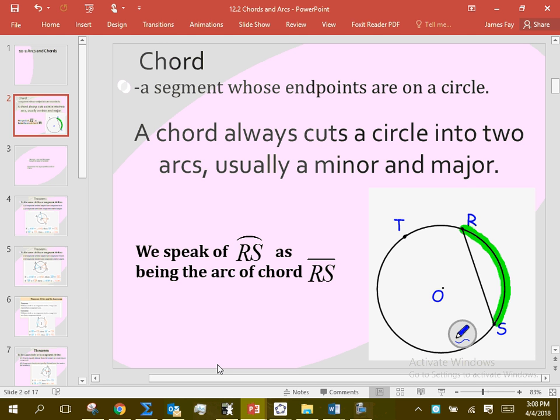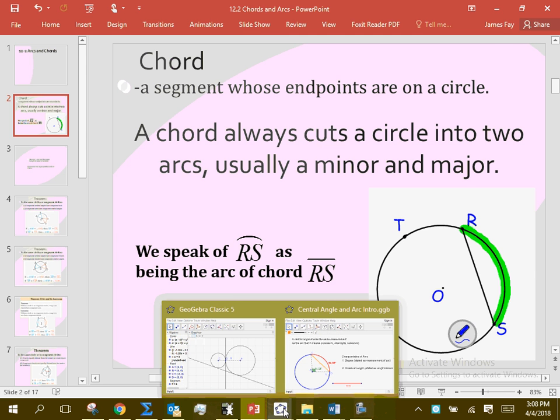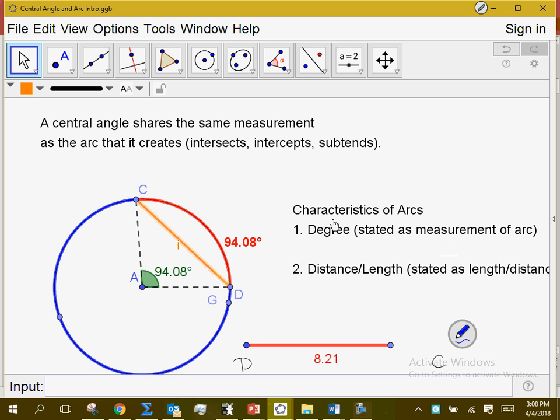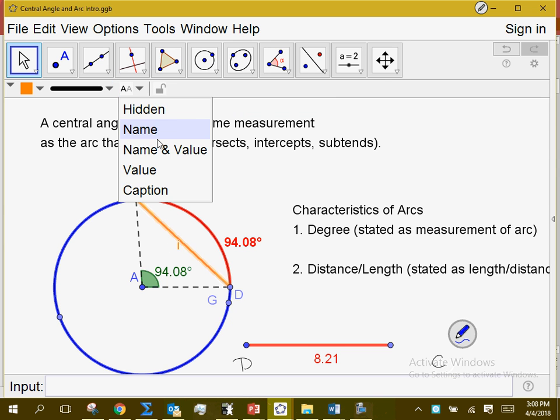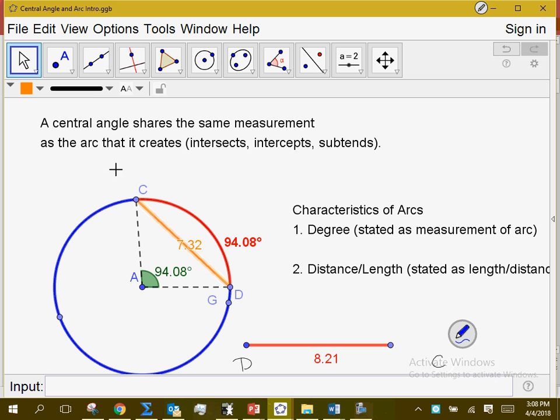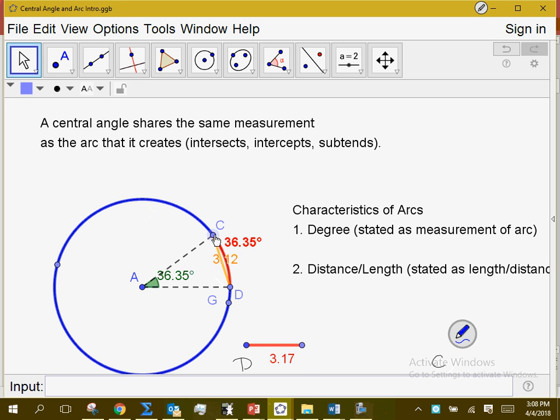One class knew it because they've been in a class where they've talked about a special type of chord. If I look at this length here, 7.32, obviously when C and D are really close together, that number is very small, right?